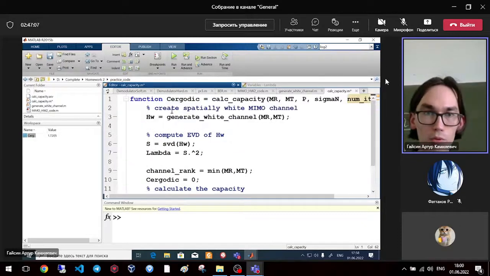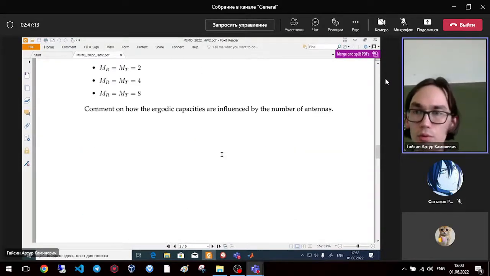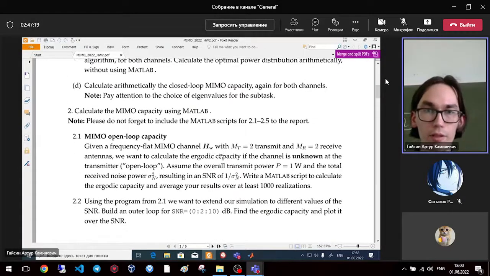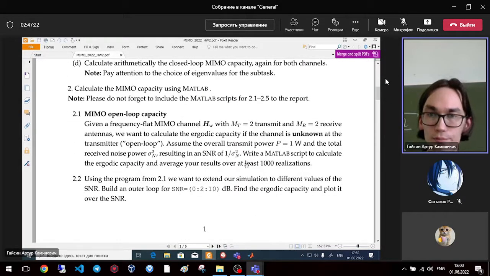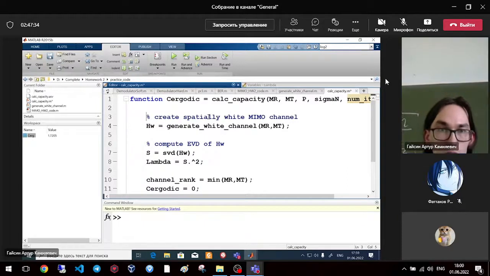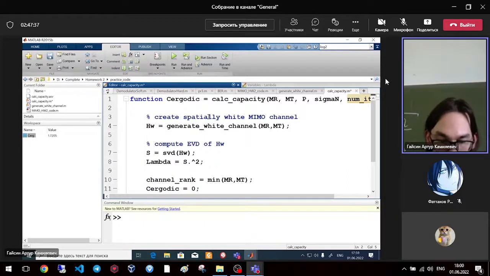Then we should create different white channels, I think, here, because we need to compare it like for different, especially white channels. So here, let's add here for example, init iteration, which goes from 1 up to number of iterations.